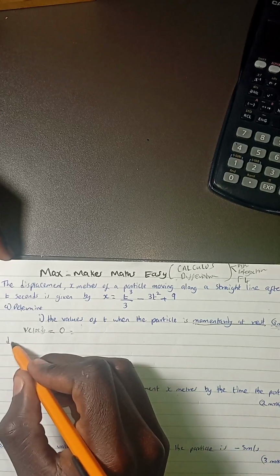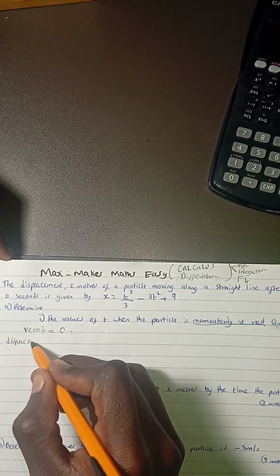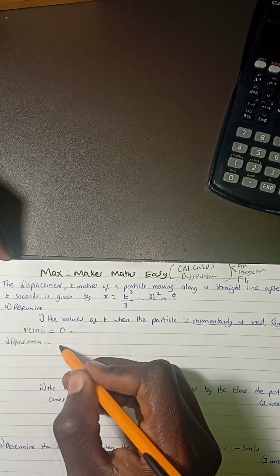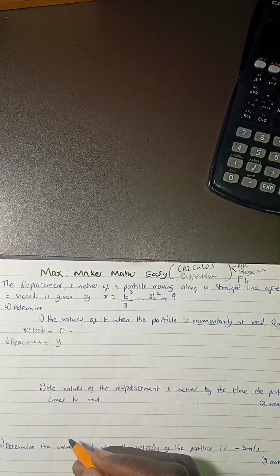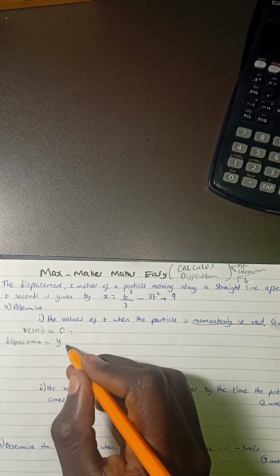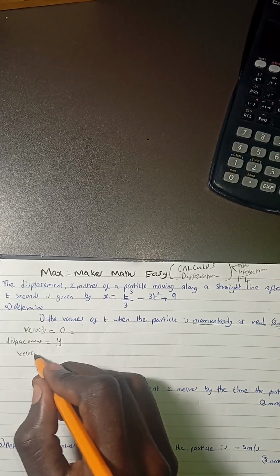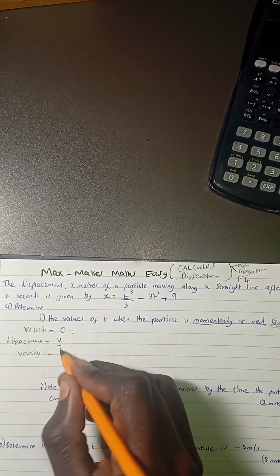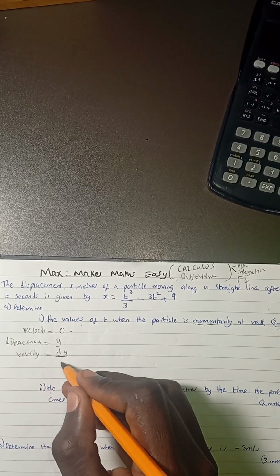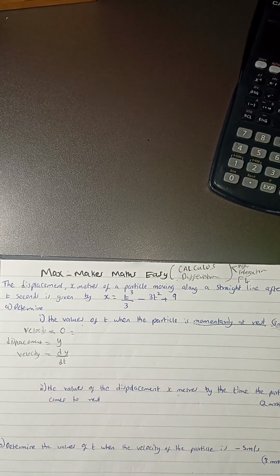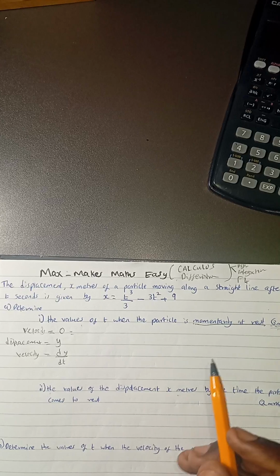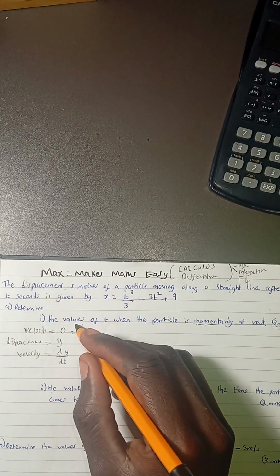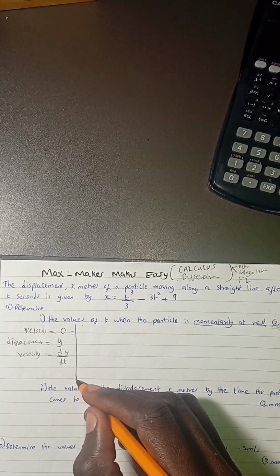Let's say if displacement is equal to y, then the velocity is the derivative of y with respect to time. So the velocity is the derivative of the displacement with respect to time.